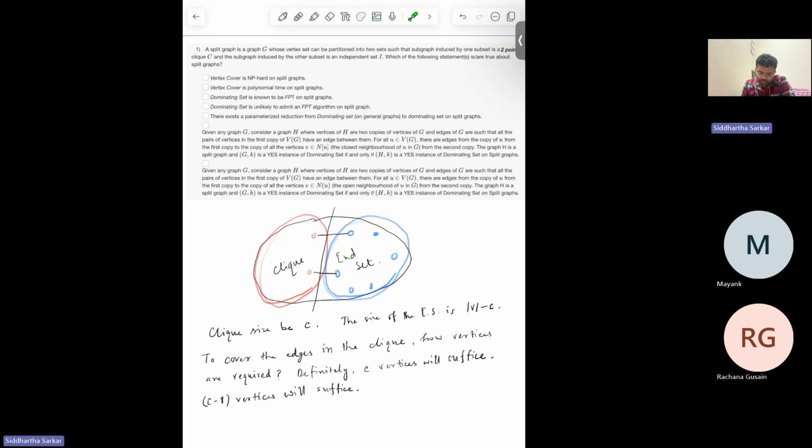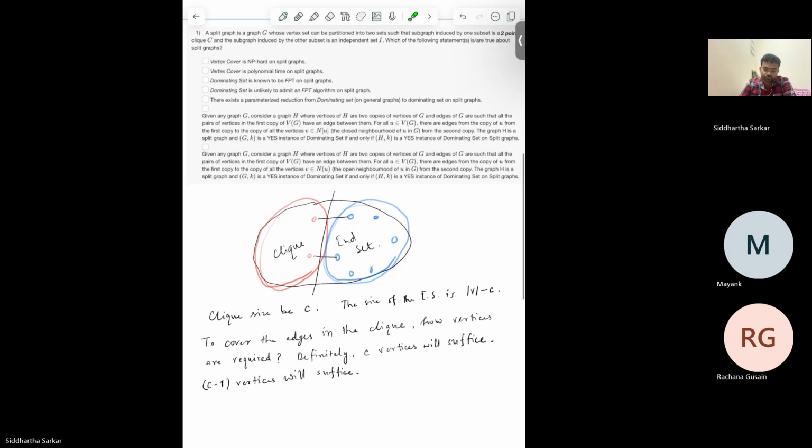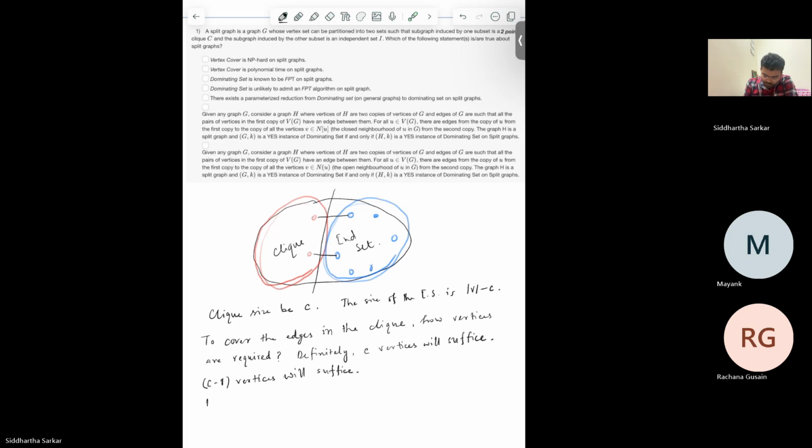But how many candidate c minus 1 size vertex covers do you have? How many candidates do you have to check?